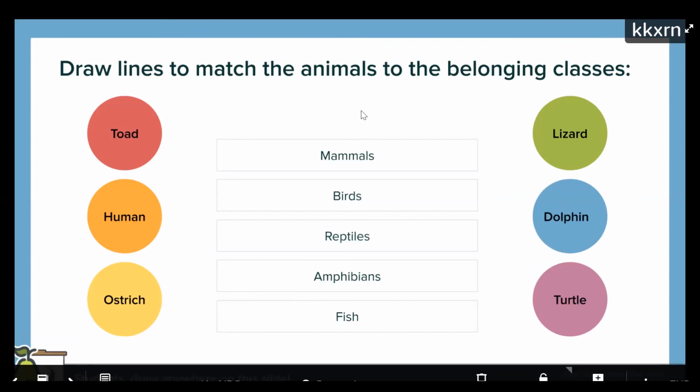And the turtle, Samuele? What is a turtle? To which group does it belong? Is it a mammal?